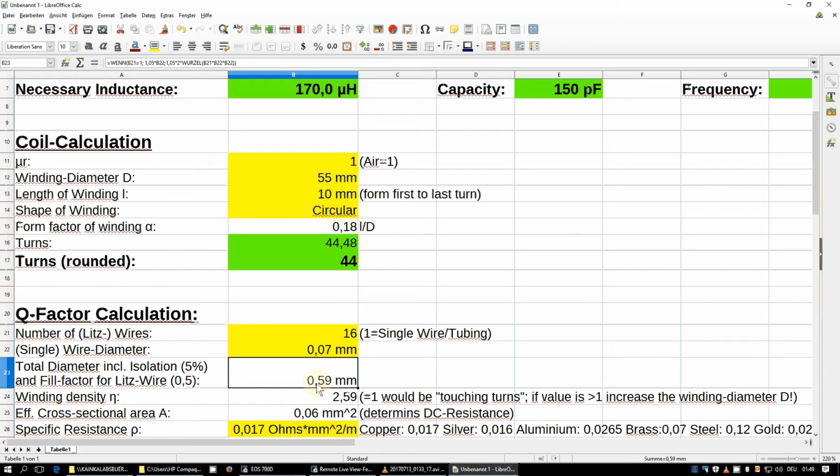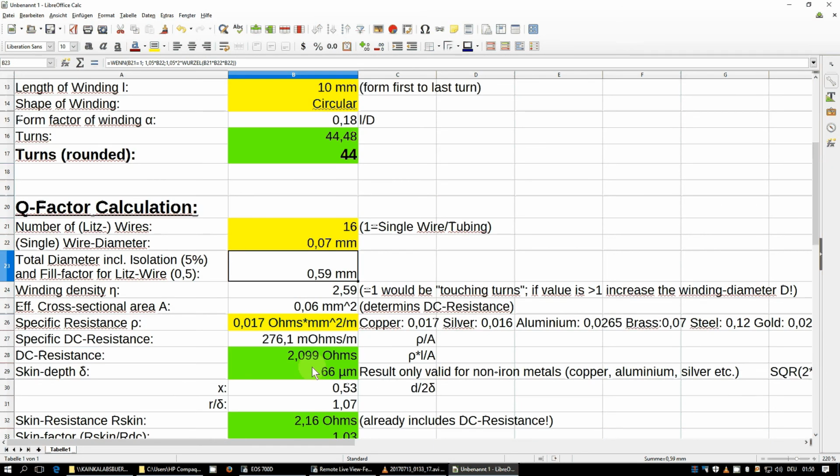I will try to put a little drawing in the background so that you can imagine what I mean with this. Anyway, DC resistance doesn't interest us. It's relatively high at 2.1 ohms, but this is not so bad.